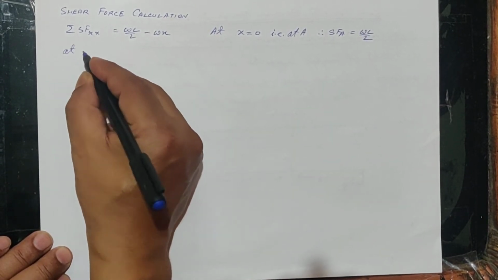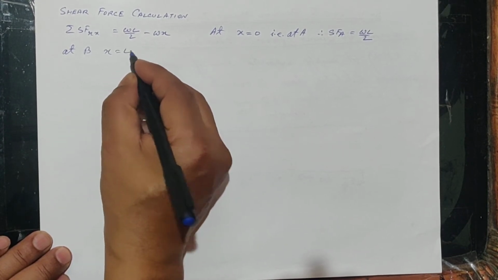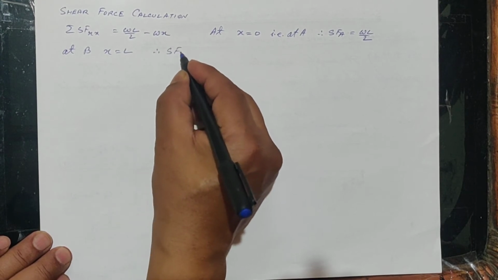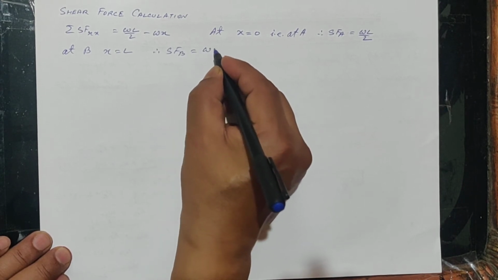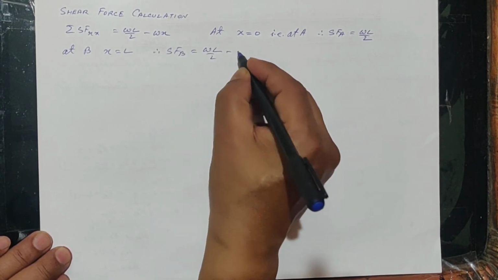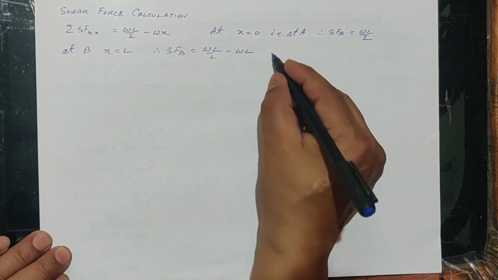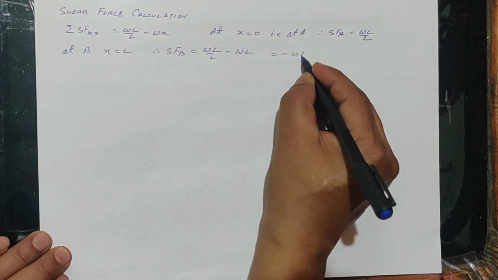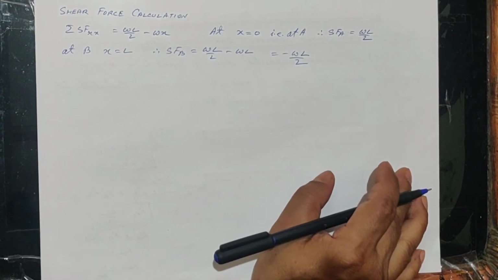At B, X is equal to L. So therefore, SF at B will be equal to WL by 2 minus W into L. In place of X, we are writing L. So which is minus WL by 2.